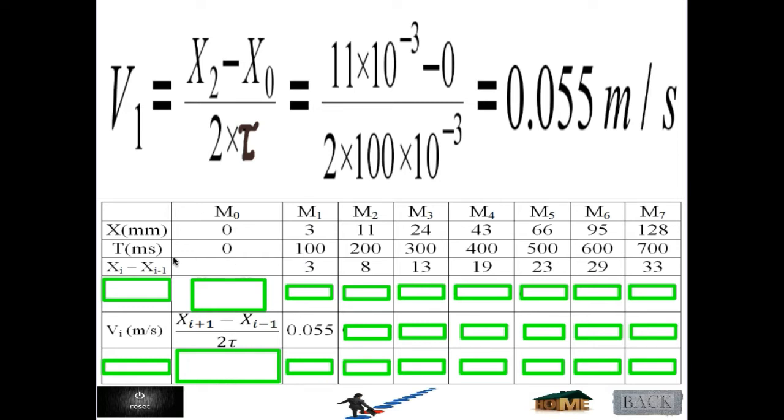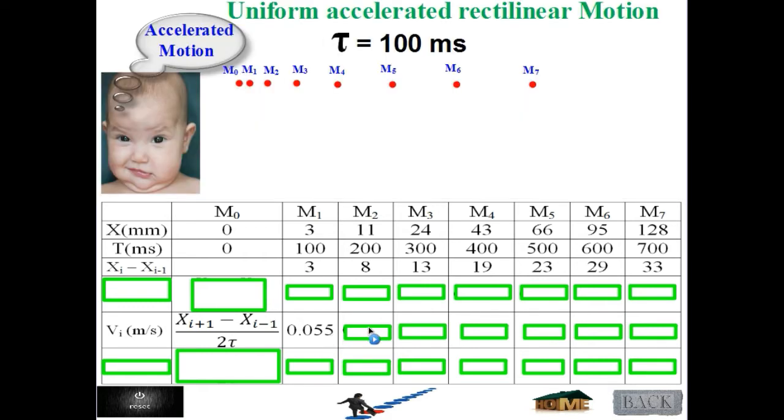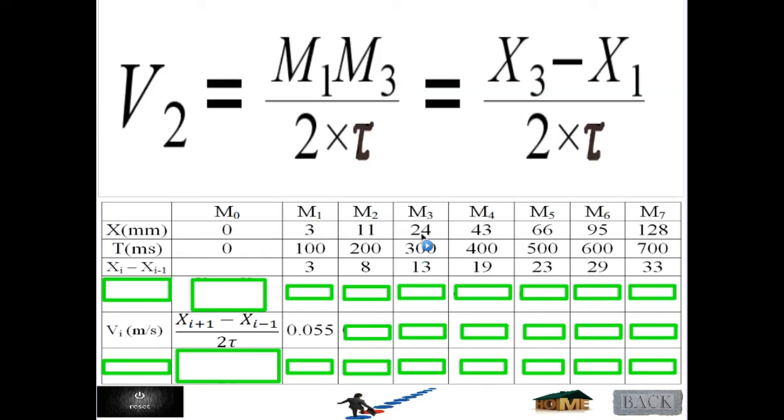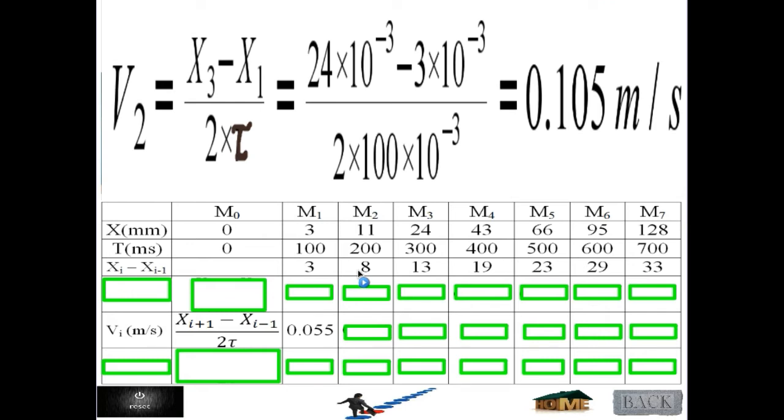With tau 100, 2 times 100 times 10 to the power minus 3, so the 10 to the power minus 3 cancels, and we get 0.055 meter per second. V2 is x3 minus x1, 24 minus 3, over 2 tau. Also don't forget the millimeter, and we get 0.105.